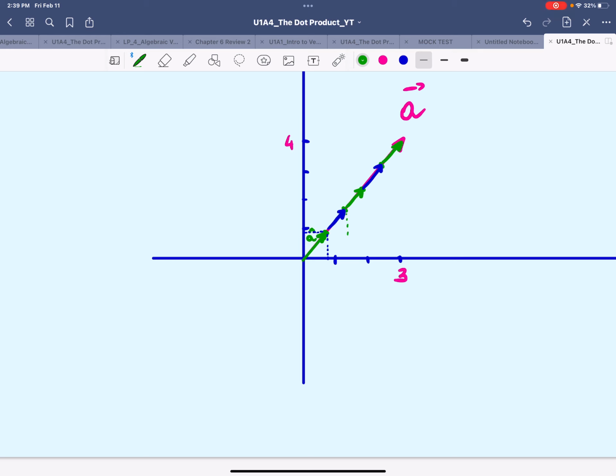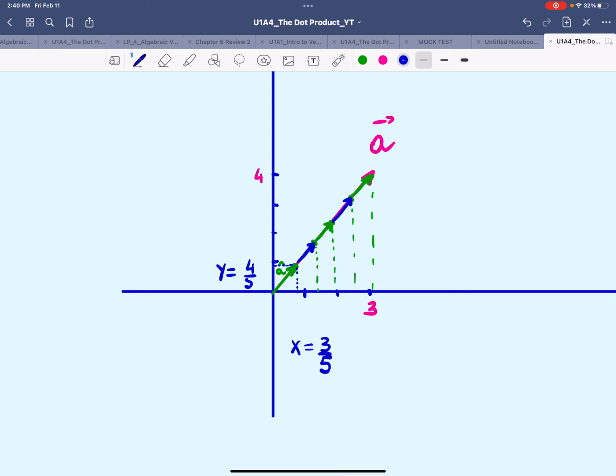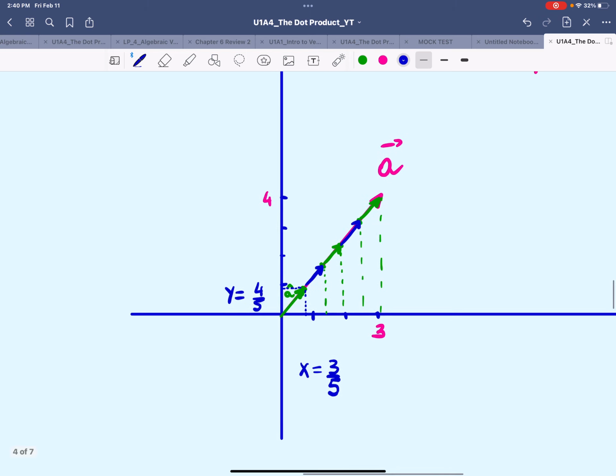So the x coordinate is shared into 5 parts. So therefore, we're going to say that the x coordinate will be 3/5. And the y coordinate of the unit vector will be 4 over 5.